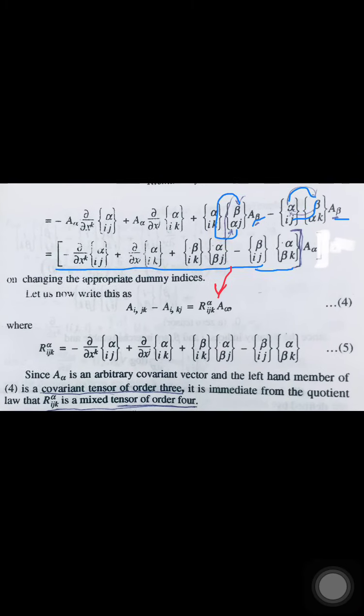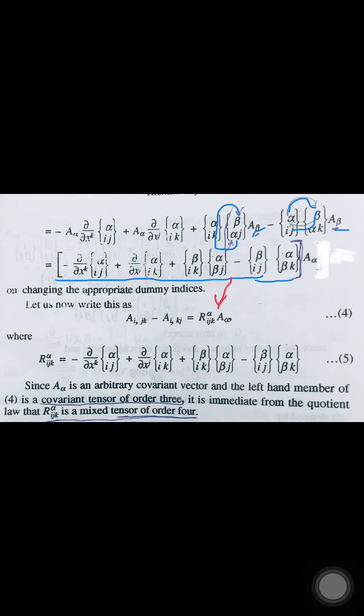So in all terms, by using property 1, the 8 terms convert into 4 terms, and by changing the dummy indices, we get all terms having A alpha, which is taken common at the end, and the remaining product and other 4 terms are in the bracket, which are common with A alpha.